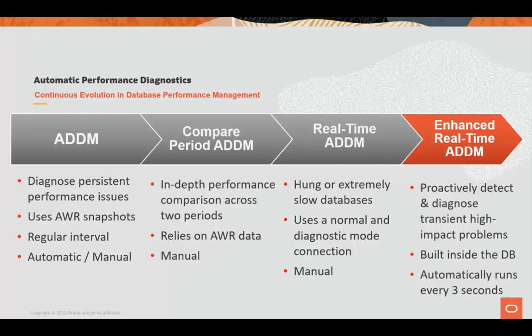That means that we have a backdoor in the database where we allow ADDM to connect and provide you information on what's happening in the database when you're not able to connect normally. This one you have to start manually, and I'll show you some of the screenshots that we have for real-time ADDM just in a minute.